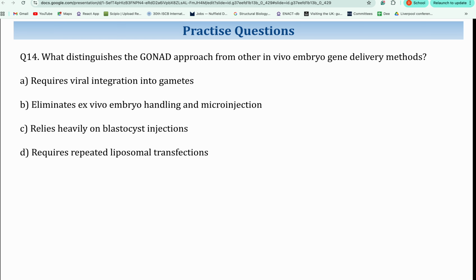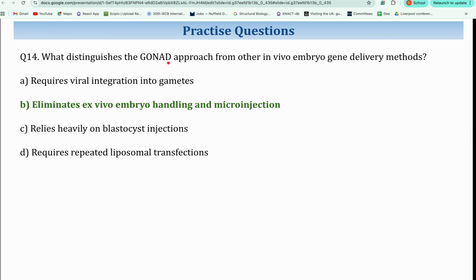Okay, so now let's see. The right answer is option B, which eliminates ex vivo embryo handling and microinjection. We need to distinguish the GONAD approach from other in vivo embryo delivery methods. GONAD is genome editing by oviductal nucleic acid delivery.